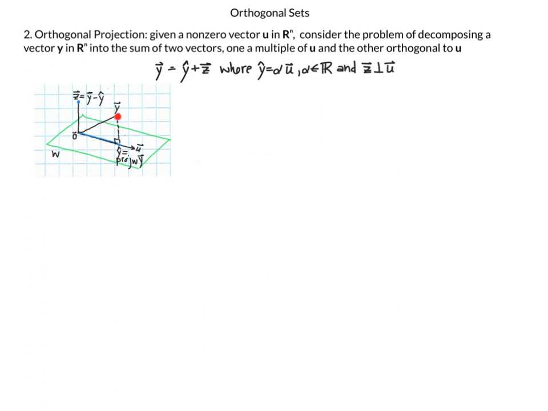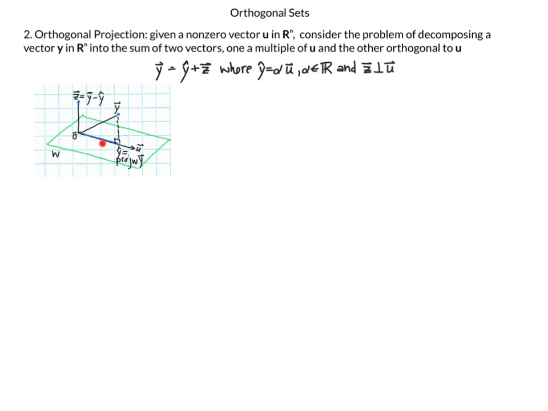And that's exactly what we are doing here, except instead of decomposing y into an x-coordinate and a y-coordinate of the standard bases, we're going to use a u-coordinate and then another vector that's perpendicular to u, which we will call a z-coordinate. So here we have our vector y is going to be decomposed into y hat and z.